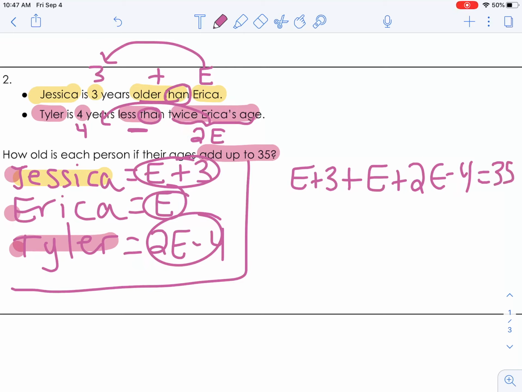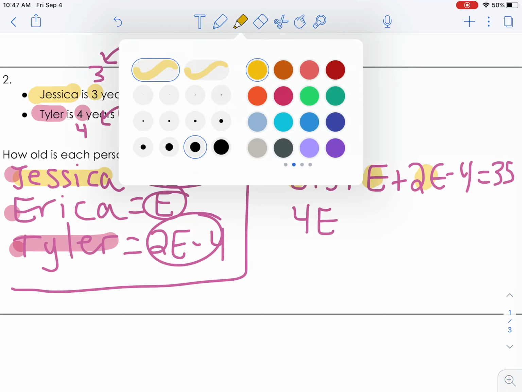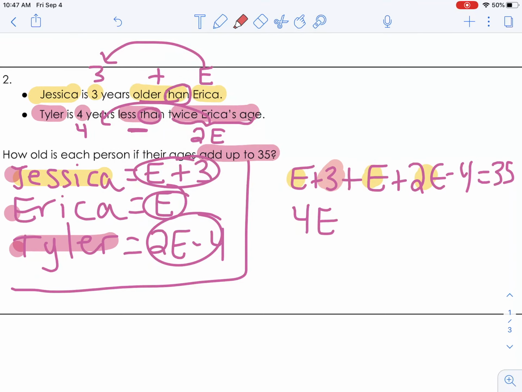Now that I have an equation, I can solve by combining my like terms. So I have E plus 2E. That's a total of 4 E's. And then for my constant terms, I have a 3 and a negative 4. Combined together makes negative 1.